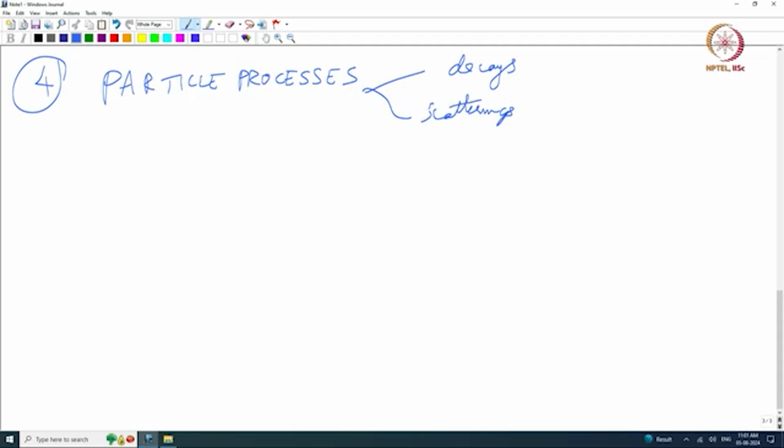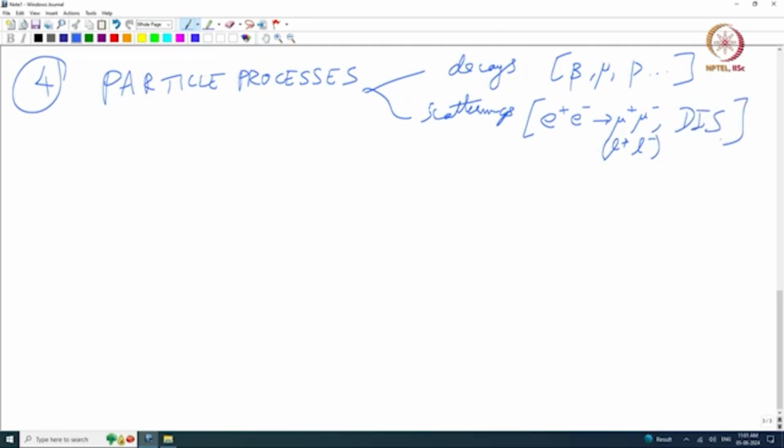To give some examples, we'll deal with beta decay, muon decay, proton decay, and so on. We will scatter electrons and positrons to give us various lepton anti-lepton final states. We will do deep inelastic scattering and so on. So this should take up our 30 hours for this course.